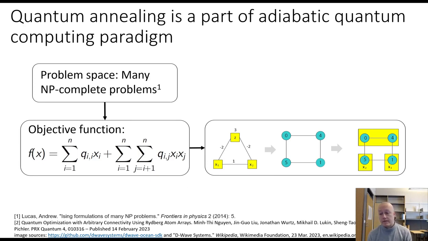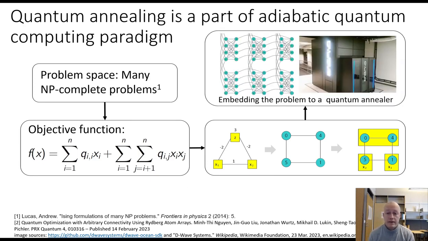And then this graph is modified and rewritten so that we can map it to a quantum annealer. A quantum annealer is a special type of quantum computer which consists of qubits and connections between the qubits. And this problem that is represented as a graph will be embedded into this qubit setup, this topology.